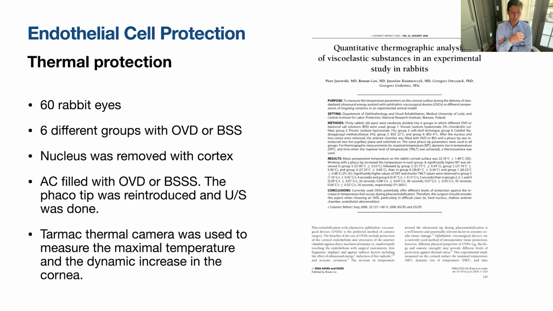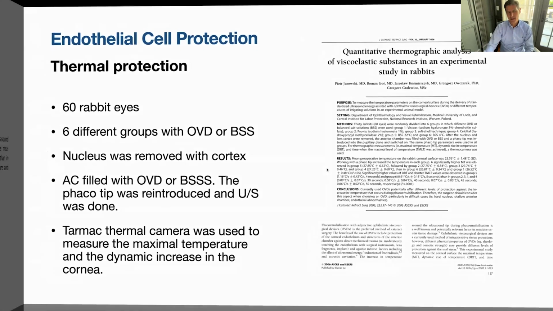They removed the nucleus with the cortex. Then they filled the AC with OVD or BSS, inserted the phaco tip, and did ultrasound. And with a thermal camera, they measured the temperature generated on the cornea and the dynamic increase of that temperature.